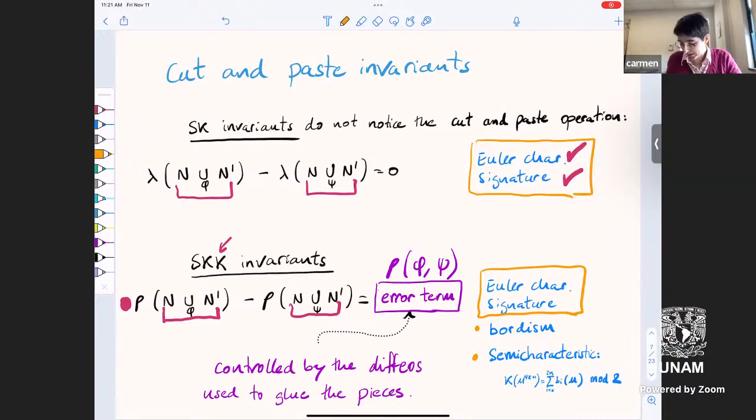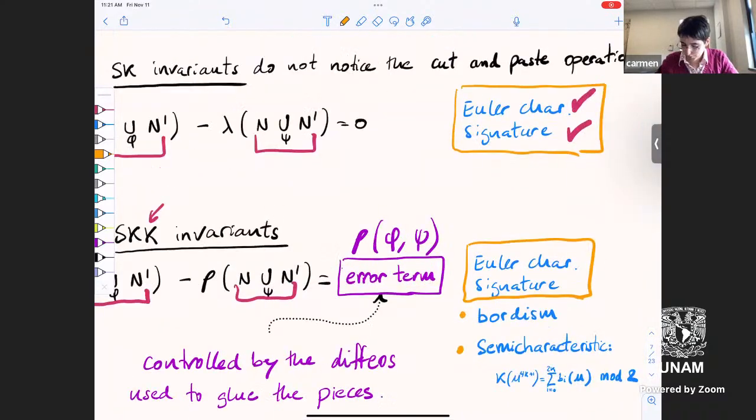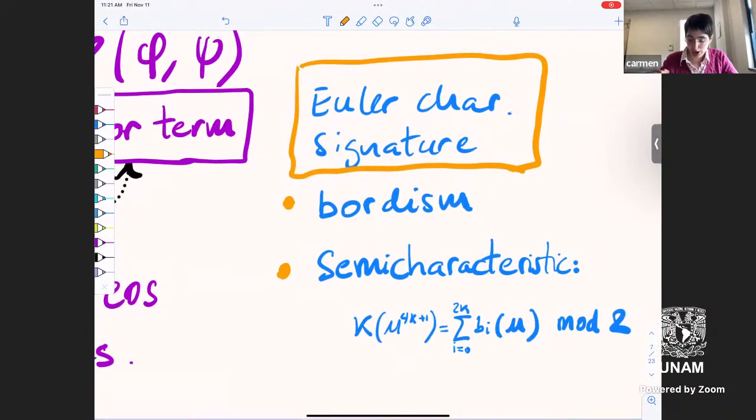The Kervaire semi-characteristic is pretty much a modification of the Euler characteristic. It is meaningful when your manifold is of dimension 4k plus 1. What you're doing is taking your Betti numbers and adding them up to the middle dimension, all the way up to 2k if your manifold is dimension 4k plus 1.